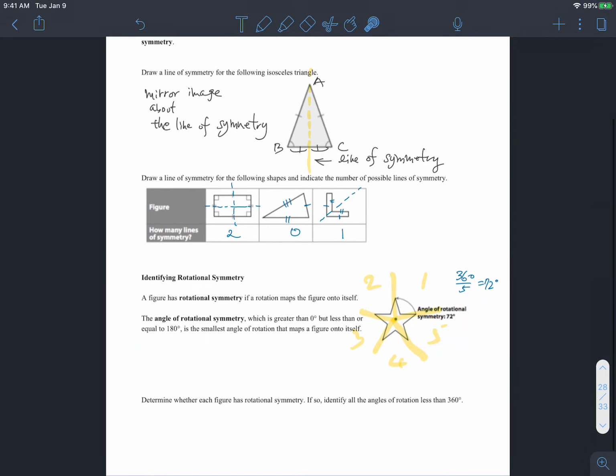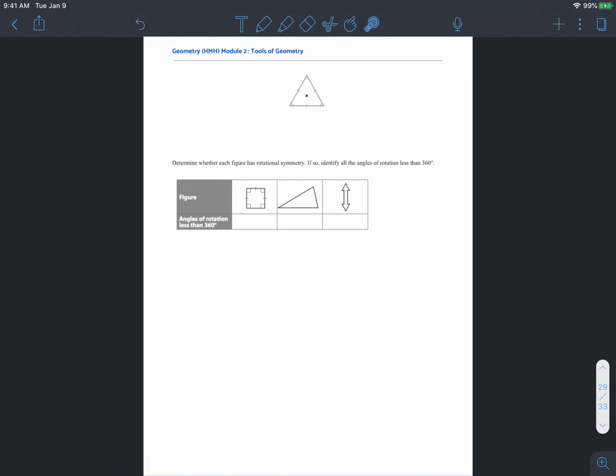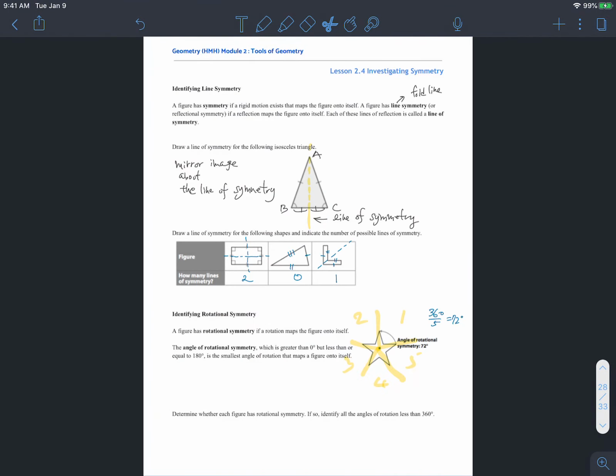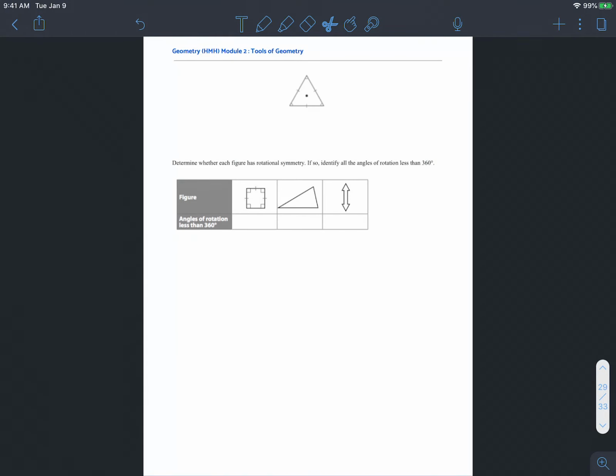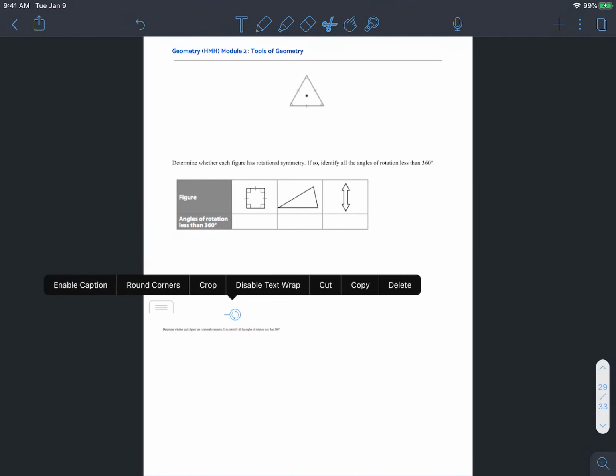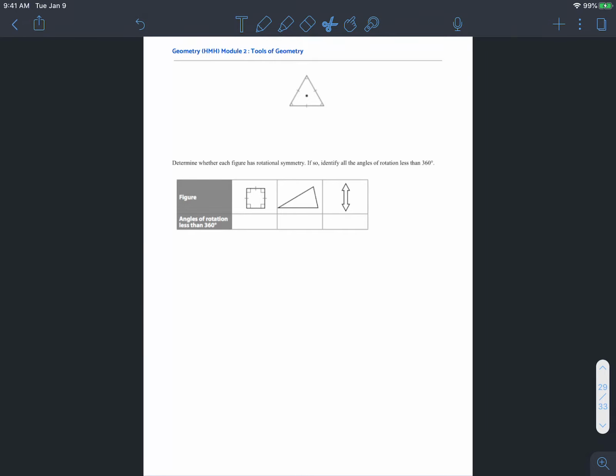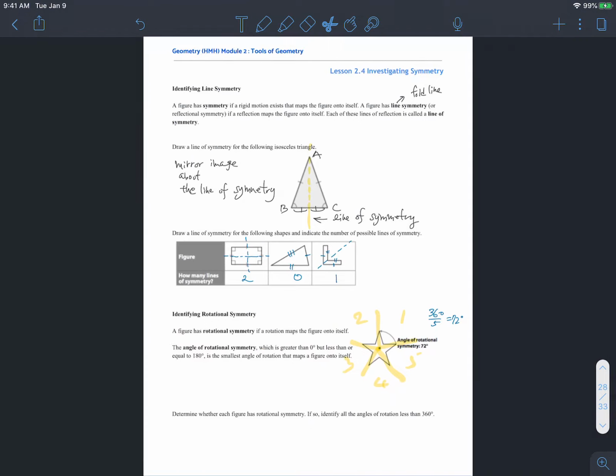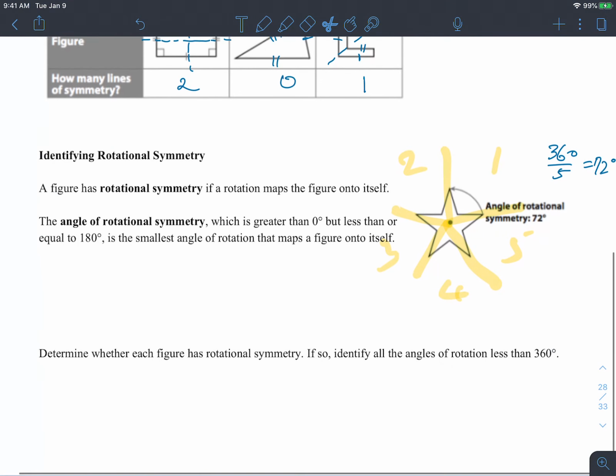Let's see what's going on. Oh, that's it? There you go. I'm sorry, guys. This should have been on the other page. Let me see what I could do. Copy. And you know what I should do? I'm going to copy this right here. Copy. And maybe put it right. Cut. Sorry. Let me see what I could do.